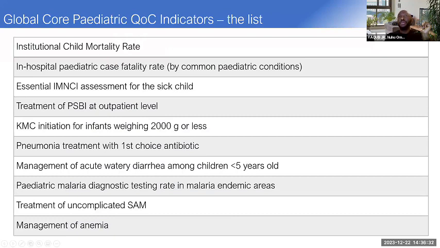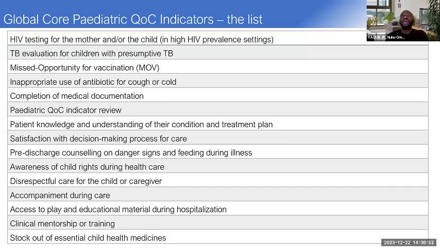How is PSBI treated at outpatient level? How is kangaroo mother care provided? Things like that, treatment of pneumonia, management of malnutrition or malaria.